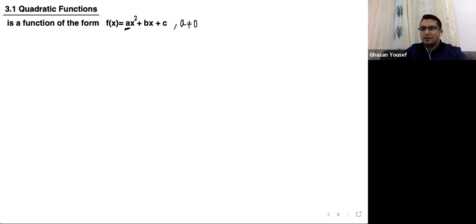The graph is a parabola. Very nice, Seth. This is correct. The graph of a quadratic function is always a parabola. Okay, again, a function of the form ax squared plus bx plus c such that a is not equal to 0 is called a quadratic function.